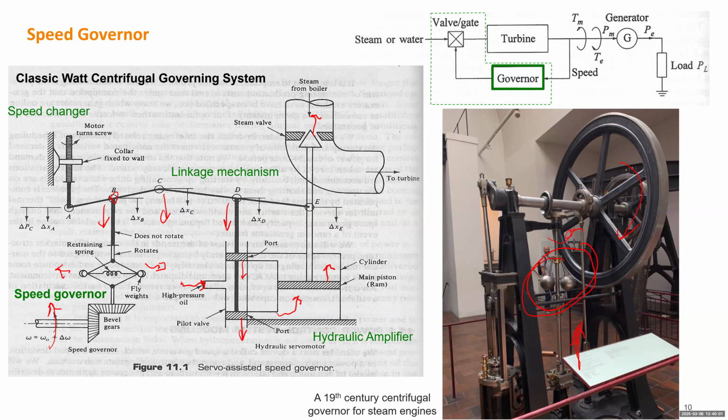For any arrow, when I show how the speed increase causes the separation of the flying weights, and that causes the decrease of point B and point C, any part can be modeled by some linear system at a certain order. When you connect all the transfer functions together, that can give you maybe a 200 or 300 order transfer function.